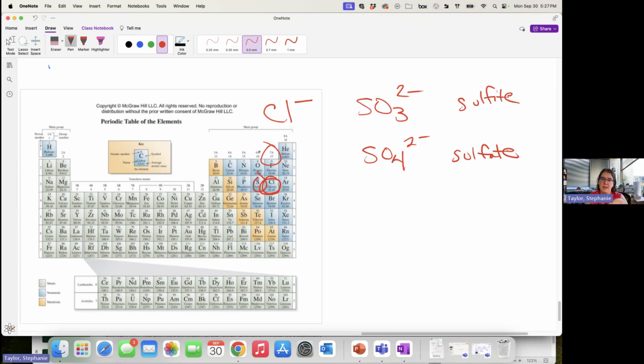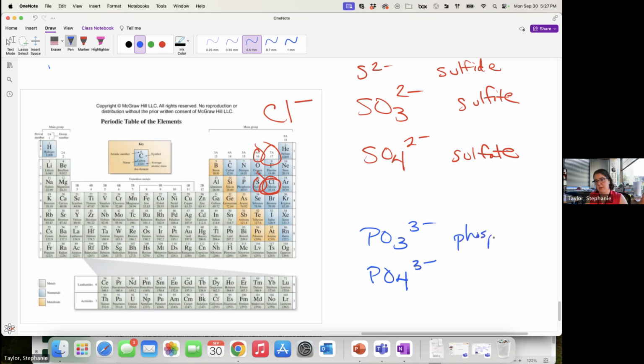And if my sulfur was sulfide, it would have a -2 charge. This can also be done for my phosphates. So phosphite and phosphate. And if I had phosphide, it would also have a -3 charge. Right here. Boom.